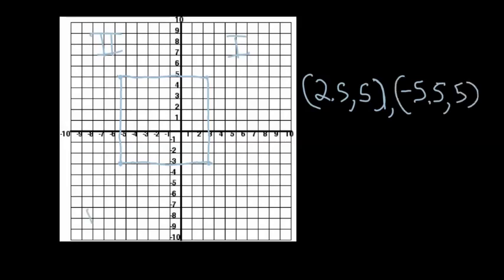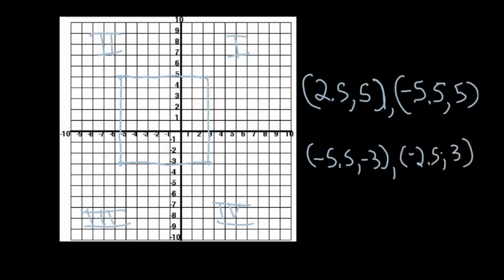Then I'm going to go down to quadrant 3. And that's at -5 1/2, -3. And the last one in quadrant 4 is at 2 1/2, -3. So what you'll notice is that each number was used twice.